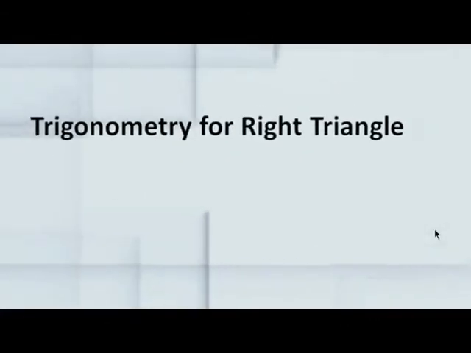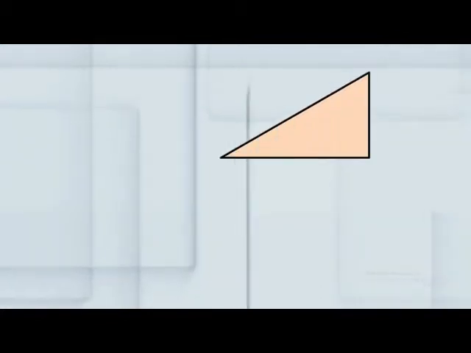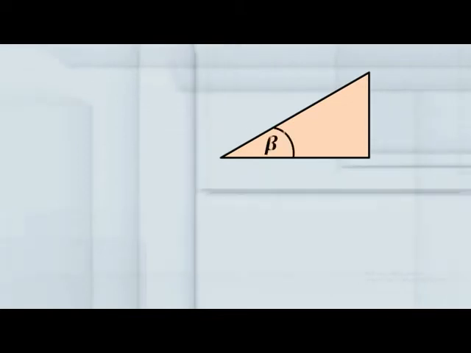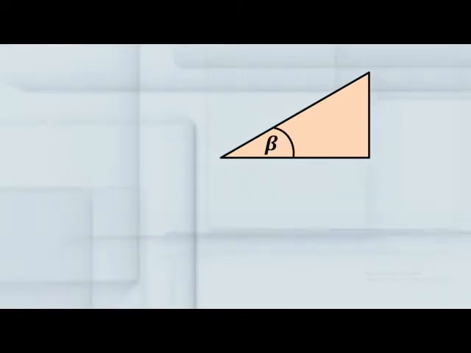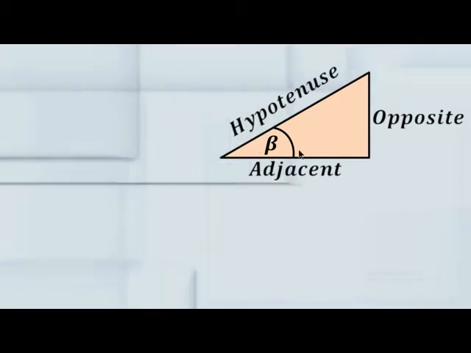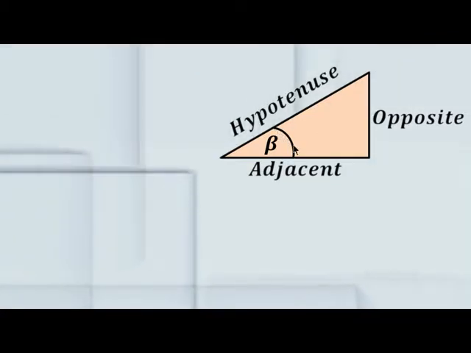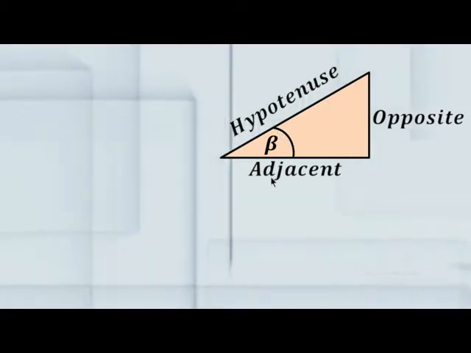Now, we're going to learn about trigonometry for right angle. This is a right angle triangle, as you can see, and this angle is beta. Since this angle is beta, this is the hypotenuse, the longest side, and this side is the opposite because it is right in front of the angle, and this side is adjacent.